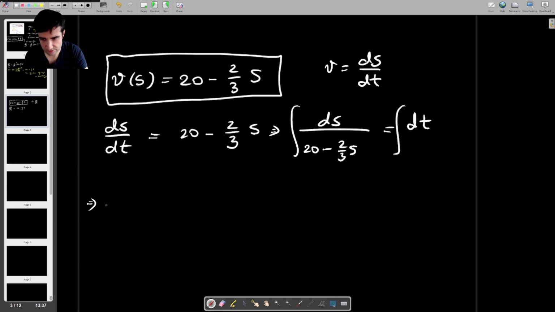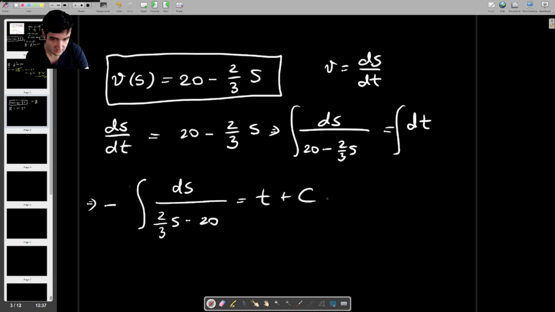So what I'll do is I'll put a minus in front, and then we have the integral of ds over 2/3 s minus 20 is equal to t plus a constant. And then another thing I will do is I'll put a 2/3 on top, and I'll multiply this with 3/2 on this side so they cancel out, which is going to give me minus 3/2.